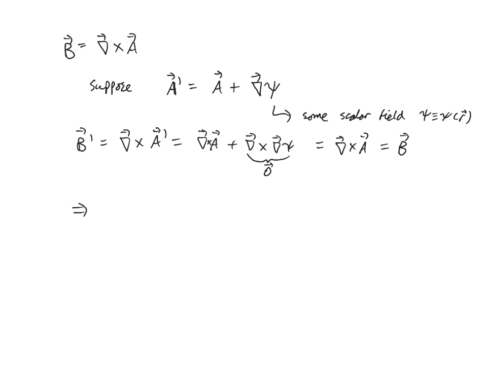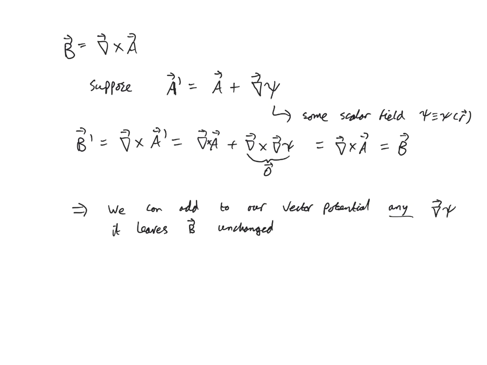So the punchline here is we can add to our vector potential the gradient of any scalar field, and it leaves the magnetic field unchanged.